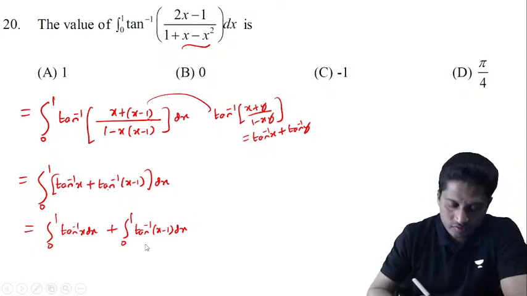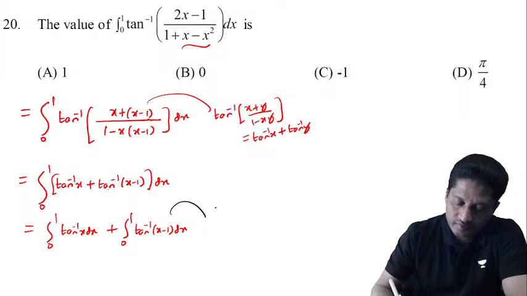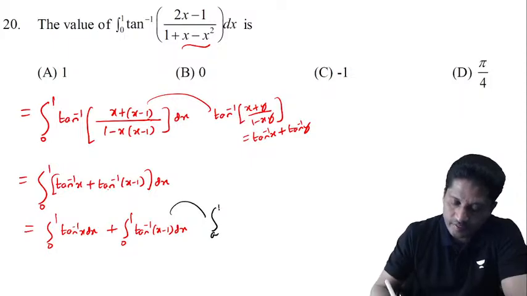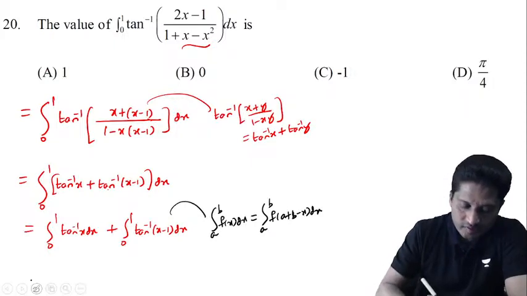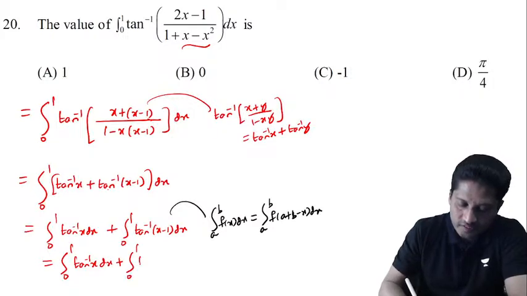Right, now I'm going to use King's property here. If I use a to b f x dx is equal to a to b f of a plus b minus x dx. This becomes 0 to 1 tan inverse of x plus integration 0 to 1, change x to upper limit minus x. Upper limit minus x is 1 minus x minus 1 and then dx. This will cancel.